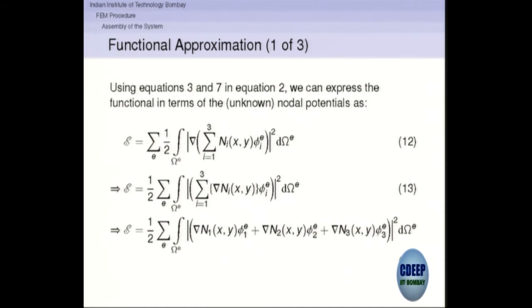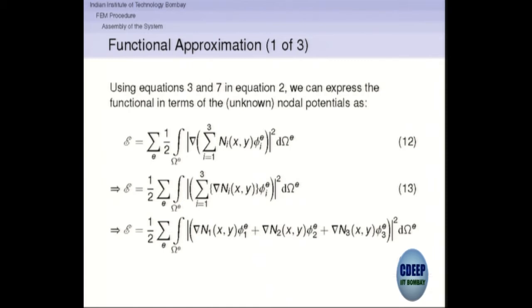Followed? For that triangular element, those phi 1, phi 2, phi 3 are not functions of x and y, because that is fixed. Of course, when you take the whole domain, in general the potential at any point is a function of x and y, but the way we have divided, for each triangle you have those three nodal vertices, and the potentials at those 3 points are fixed variables.